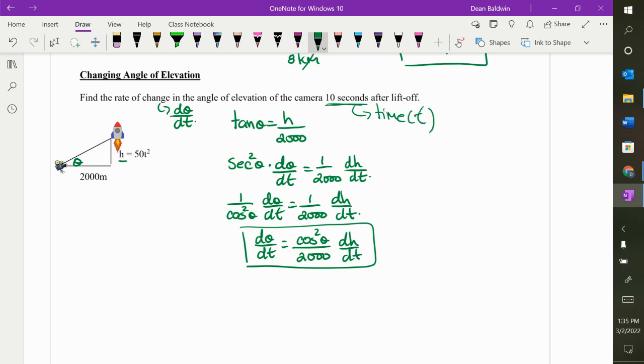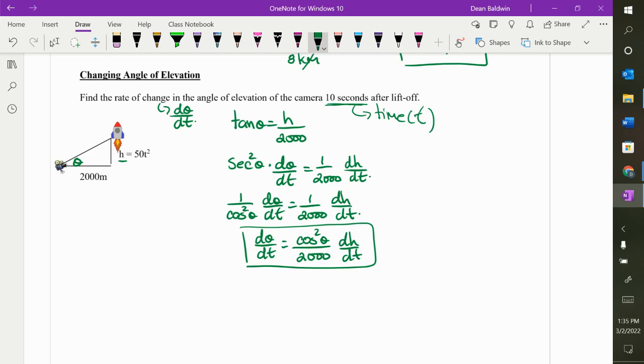I mean, I guess it is dt, but do I know theta? No. Do I know the height? Yeah, I can figure out the height, right? But are they asking for the height? No. What is required for this formula? dh over dt is required, right? Yep. Can I find dh dt?